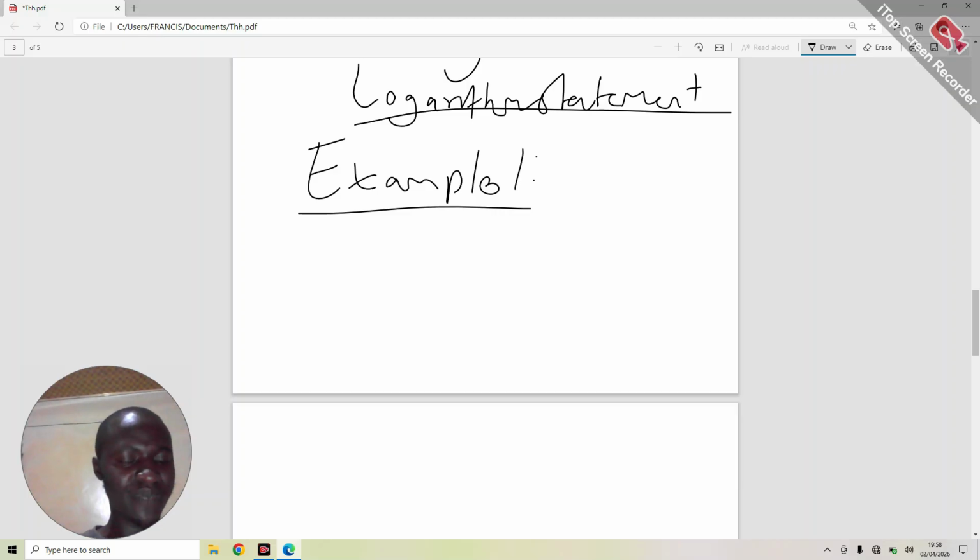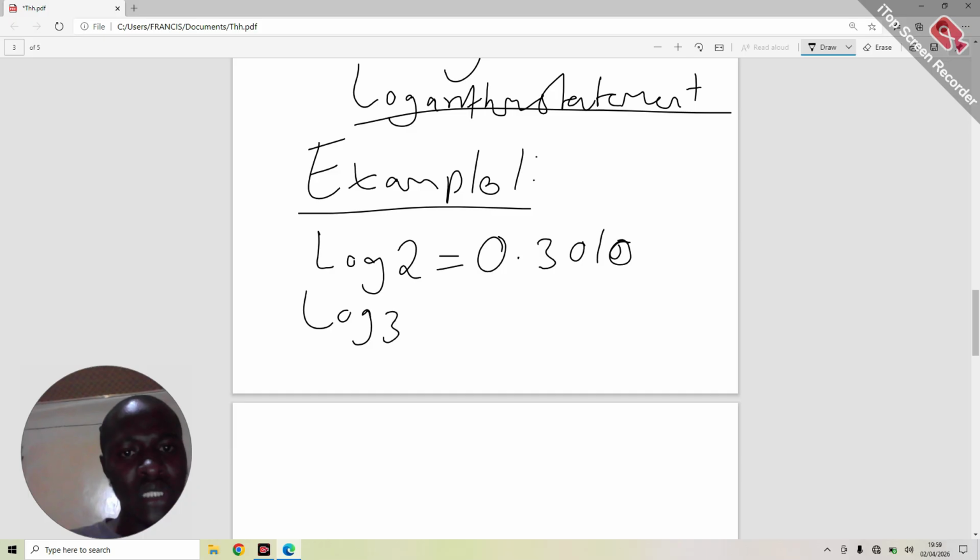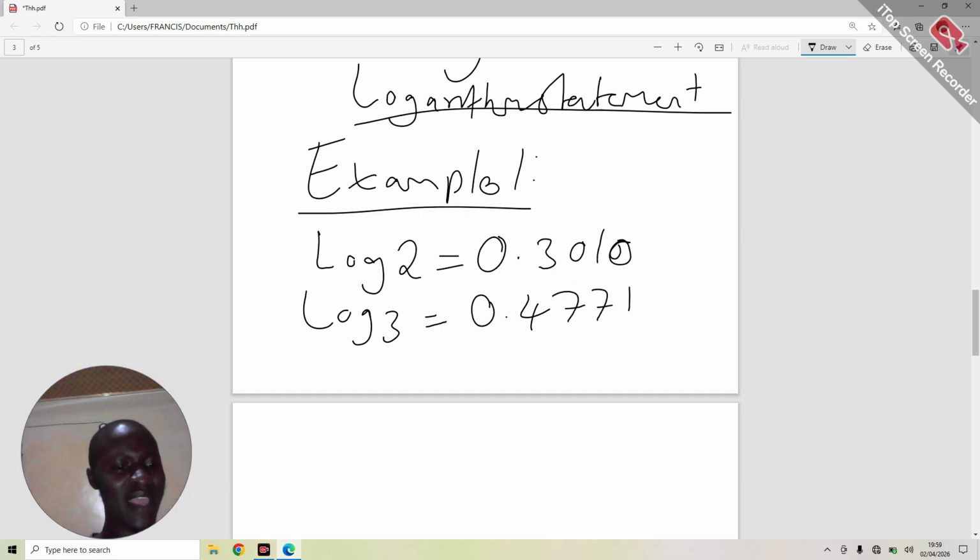Given that log 2 is equal to 0.3010 and log 3 is equal to 0.4771. Then the examiner asks you a simple question.